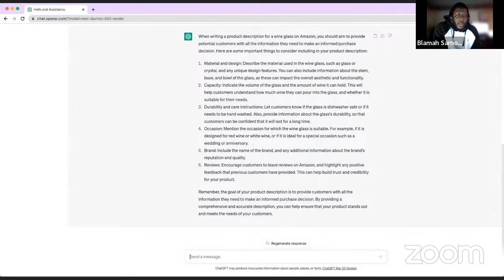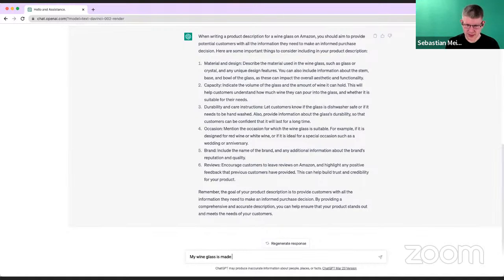Wow. So it gives you a framework of what you should think about. And then if you give it more detail about what your wine glass is about, like my wine glass is made of stainless steel.